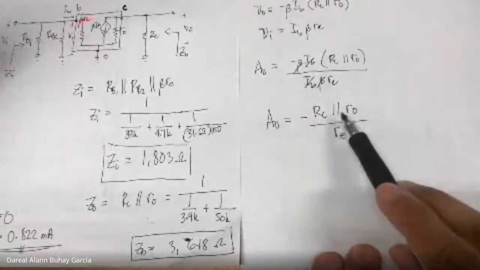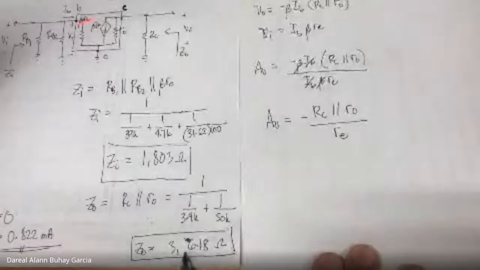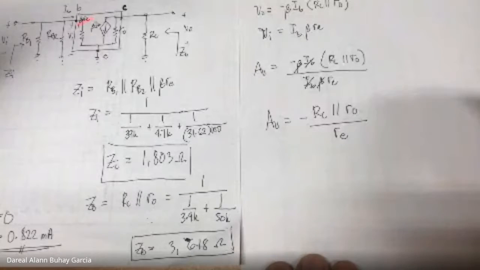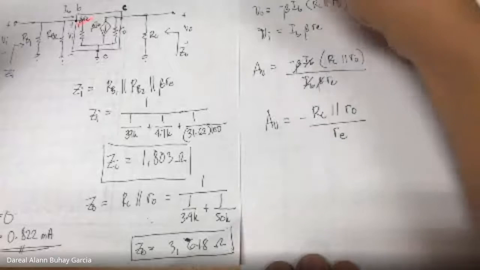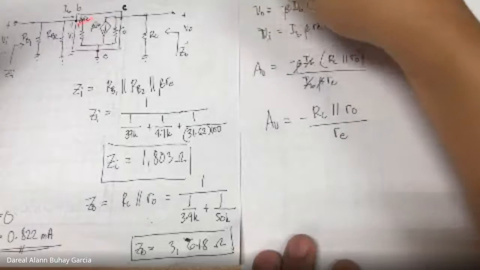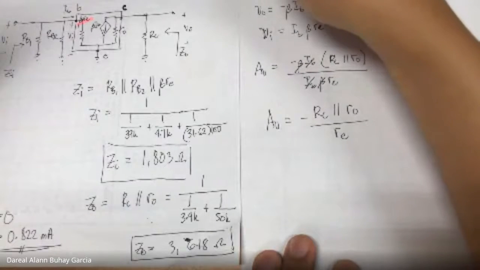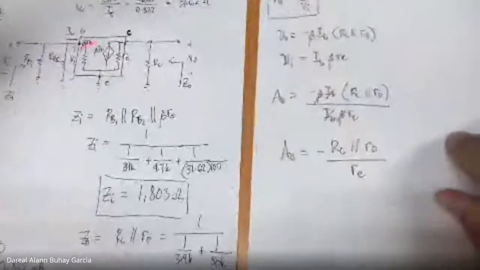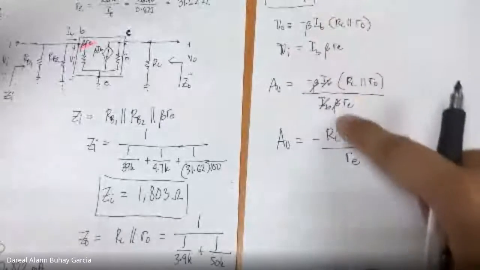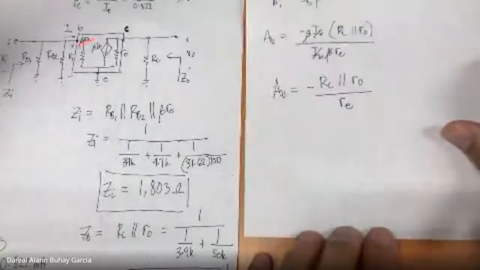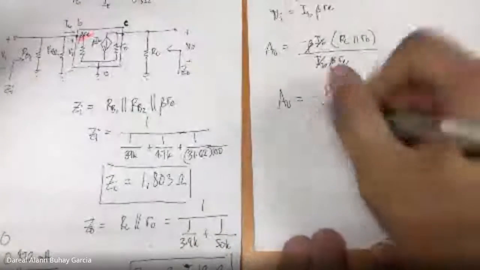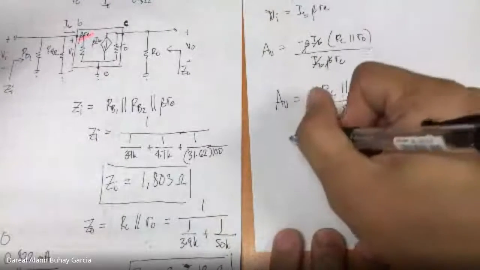So what is this one? This is the output impedance, di ba? Kani may kiyas. Pero may siya nga formula sa voltage gain. Mag-different lang dayon sa configuration. No? So, this is the output impedance.